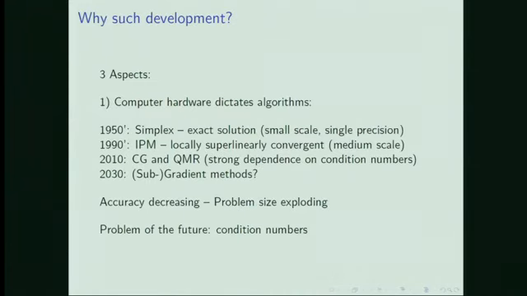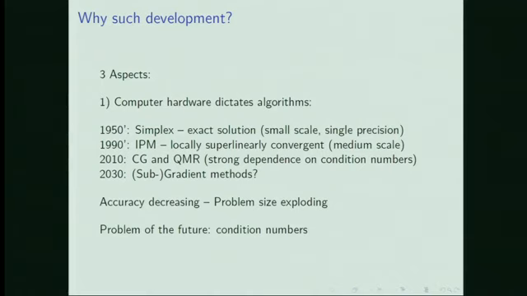So when we look at this brief history, I think there are maybe three aspects. The hardware dictates the algorithms, of course. In the beginning, the simplex method would give you an exact solution. Later on, the interior point methods have local superlinear convergence behavior under suitable assumptions and can solve medium scale problems.